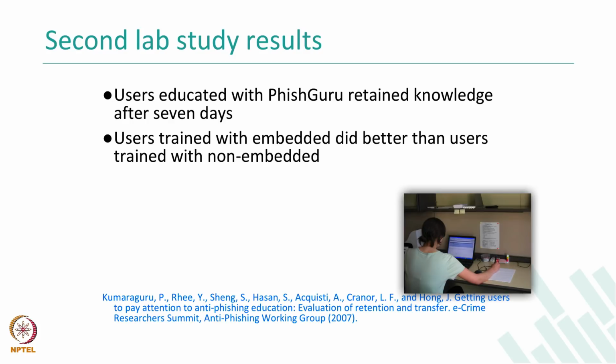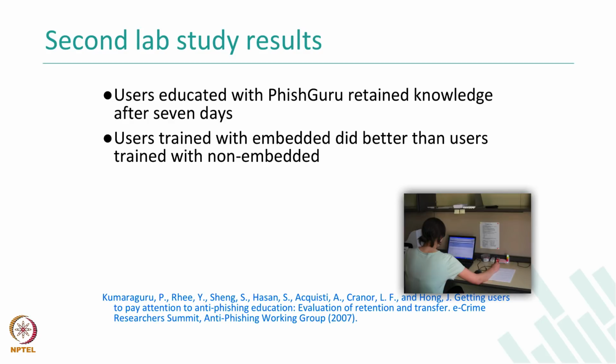Users educated with PhishGuru retain knowledge after 7 days. Knowledge retention is nothing but, if I teach you, for example, HCI, a way of evaluating a solution such as a focus group discussion, you will understand what a focus group discussion is in this context.